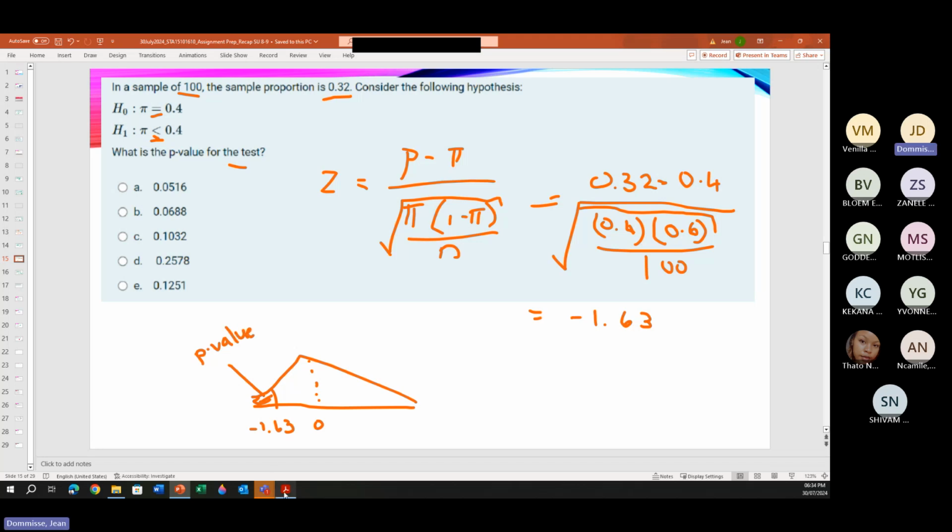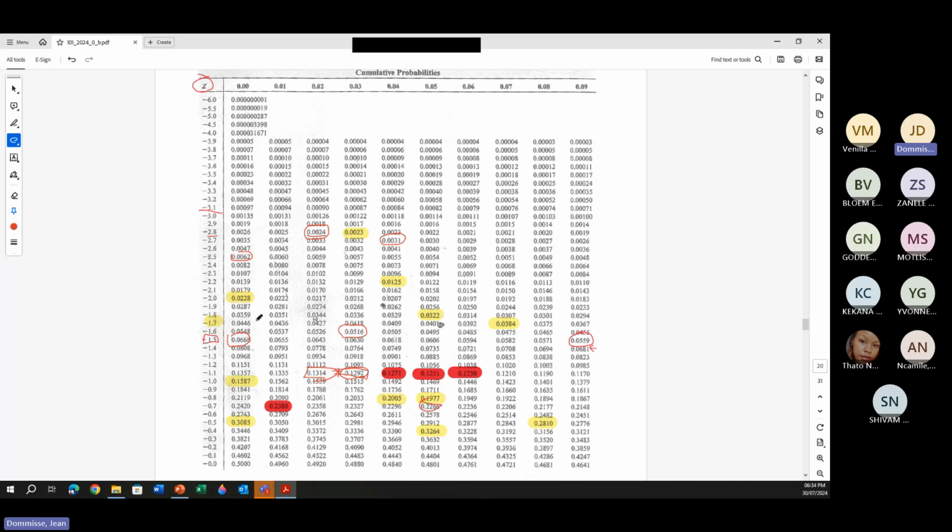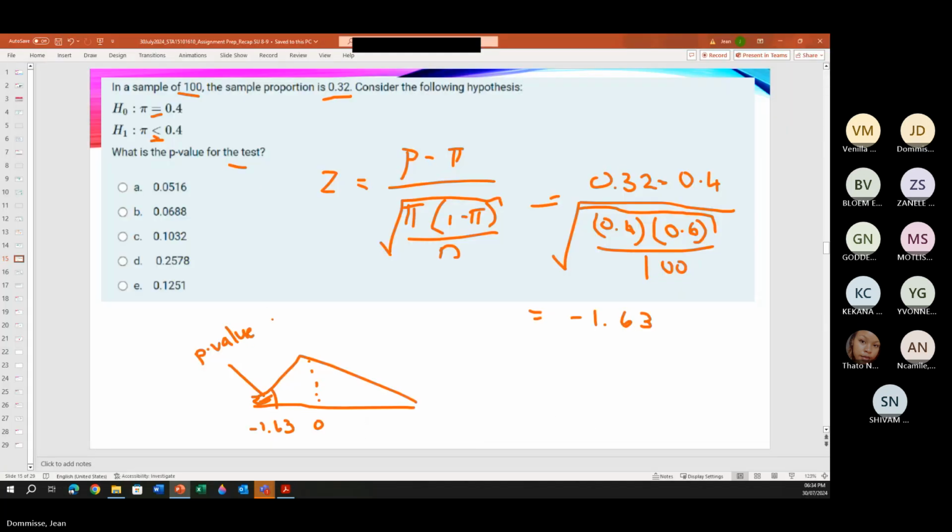Minus 1.63 gives 0.0516, which is option A. If it was not equal to, then it was two-tail, and we would have added this component.